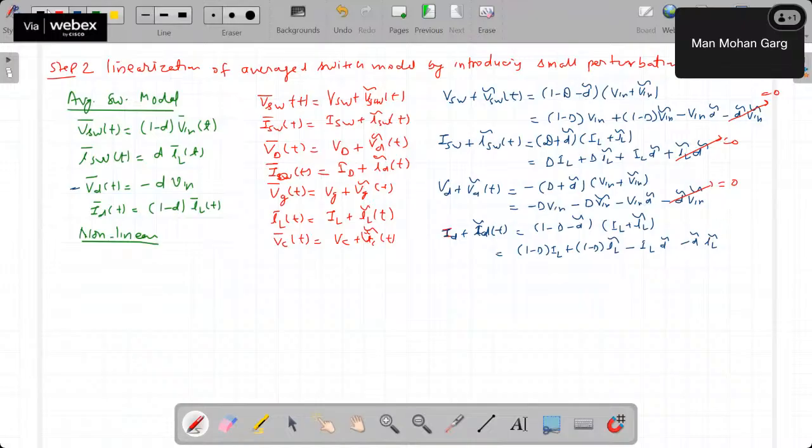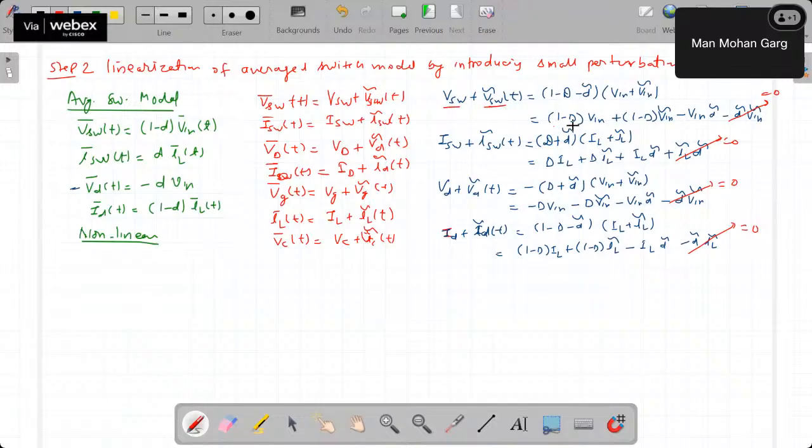Again, in order to linearize it, we will neglect it. So 1 minus D IL. Okay. So these equations we have obtained after linearization. Now these four equations are linearized. So one thing we can observe here is that this is the DC part, this is the perturbation term.